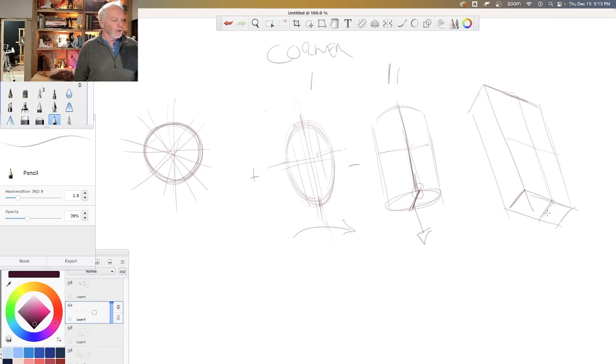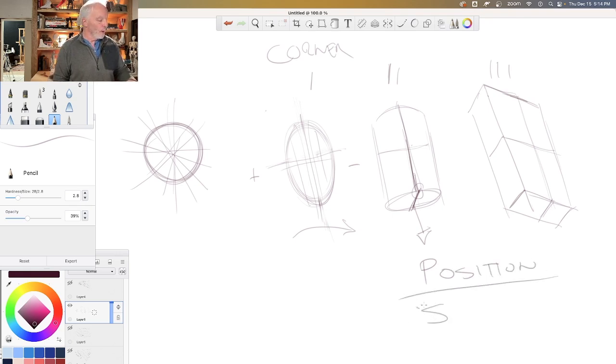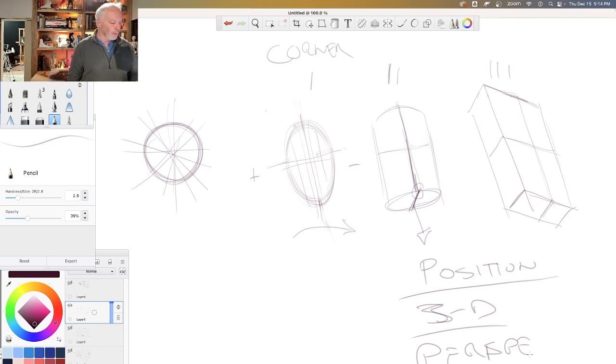It shows the depth. We're underneath it, and it shows that it's facing strongly to the right. Three corners, three positions, the three dimensions, the perspective is always using at least three points. Perspective, where you're at, and then where the structure is to your eye line.